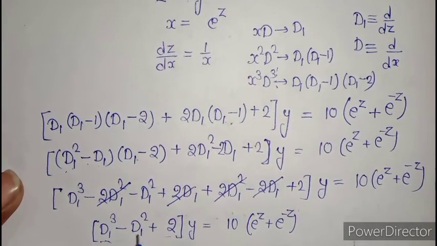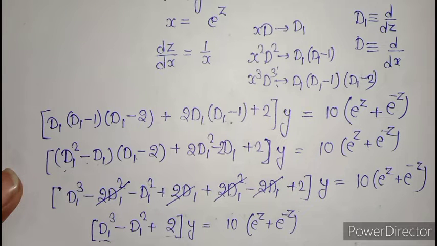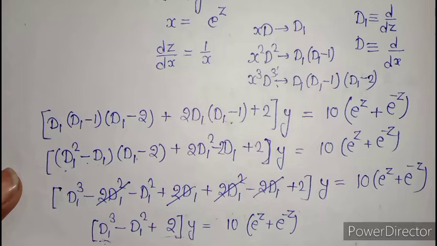Firstly we have to write the CF for this differential equation, and in order to write the CF, firstly we have to write the auxiliary equation. Now since it is reduced into a linear differential equation with constant coefficients, we can write the auxiliary equation.